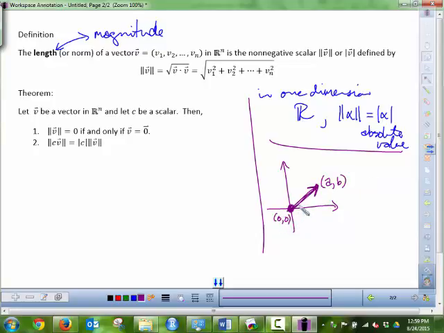It'll be the square root of A minus 0 squared plus B minus 0 squared. Yeah, the distance formula. So the distance between these 2 points would be this formula, which is pretty much the same thing as the definition of the length or magnitude. So it is exactly the same thing.